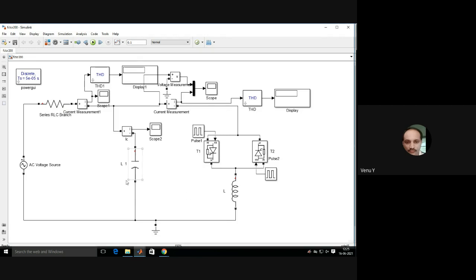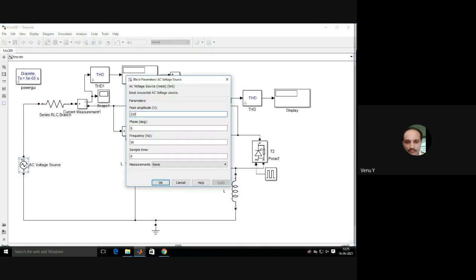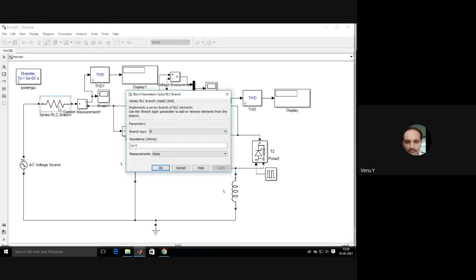Now this is a single phase FC TCR type SVC. This is the assignment for roll number 4 in PE. Now let us understand. This is the AC source, 230 volts, 50 hertz. This is the resistance, 1 milli ohm.